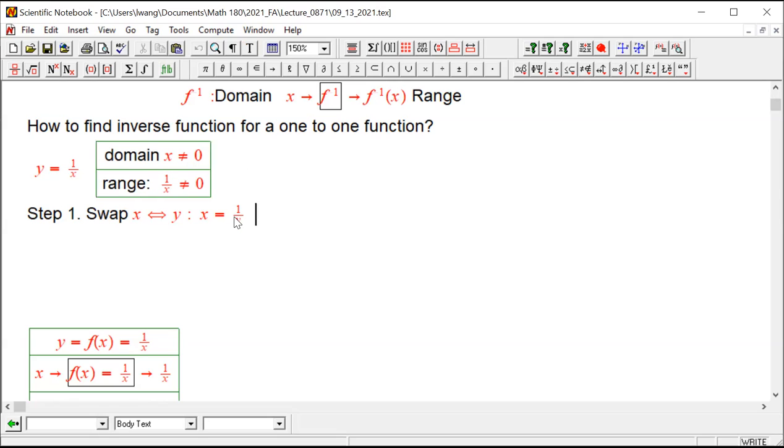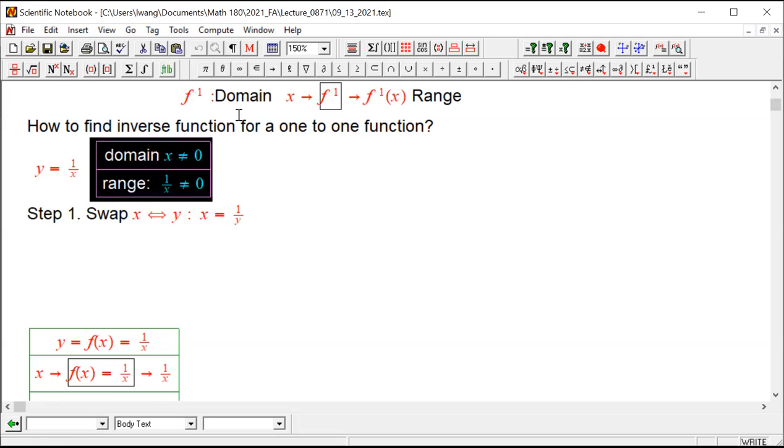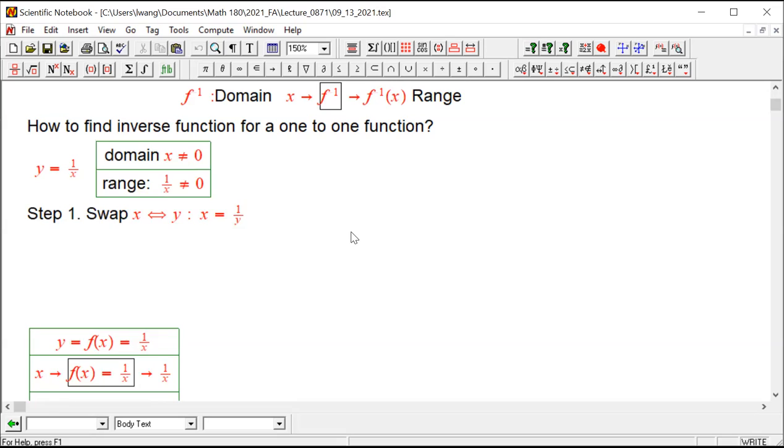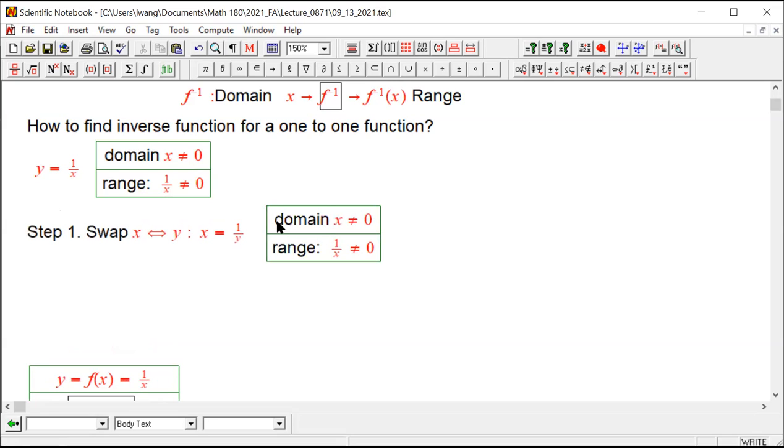And then with this swap, the domain range is swapped. So this becomes what? Range. And this has become domain. And we put this number in the domain, and this is going to be 1 over x.